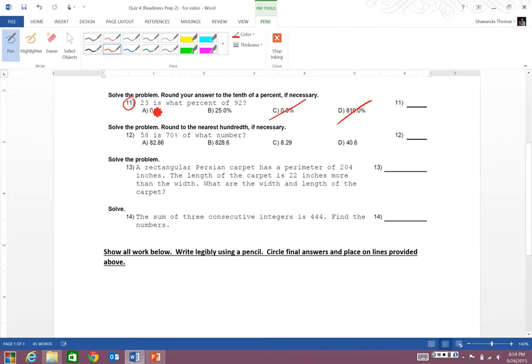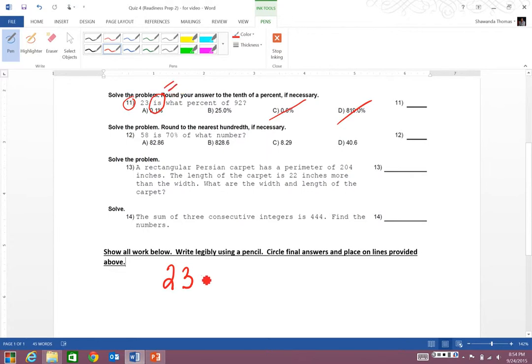But let me show you how to work out the problem by translating this question into an equation. So it says 23. So let's write that down. 23. When you see is in math, it is equal. Okay?